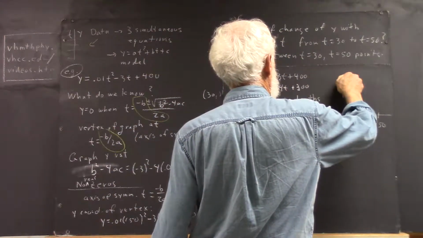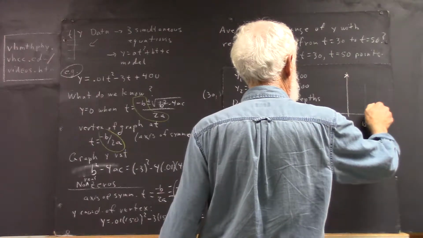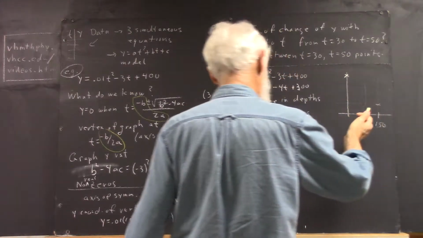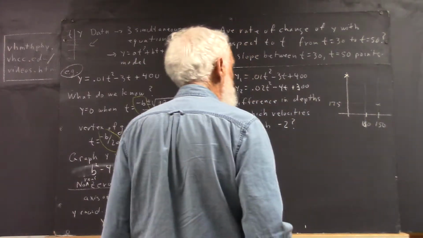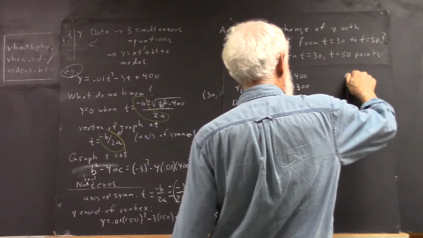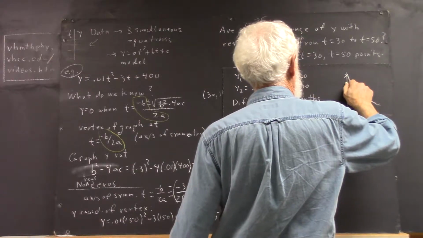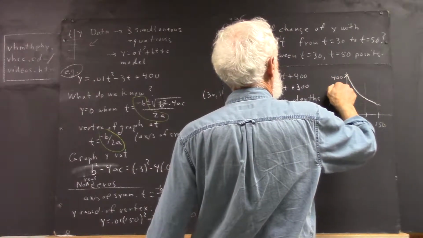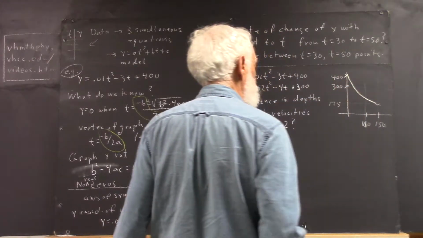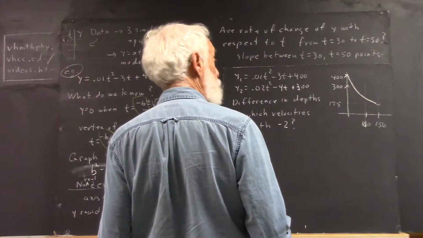Initial depth of this one's 400, and it reaches its axis at 175, and so this graph will look something like this. This one starts at 300, and descends to a depth of 200.